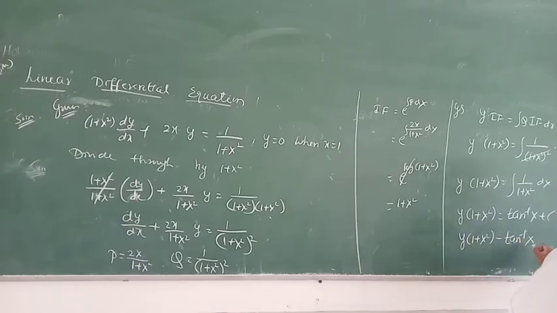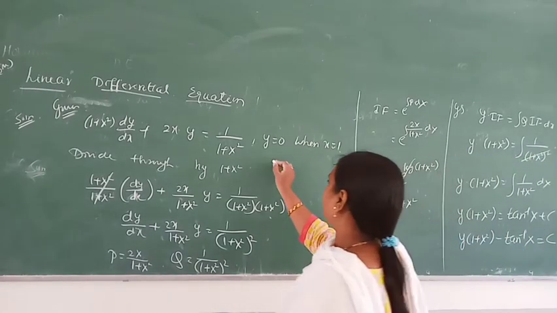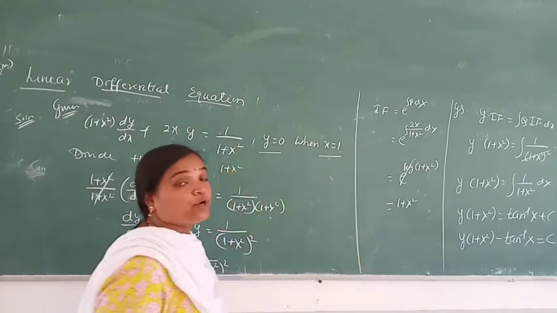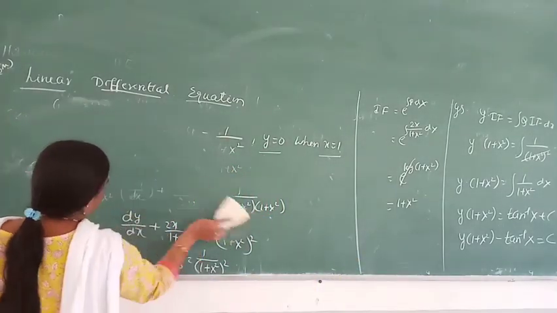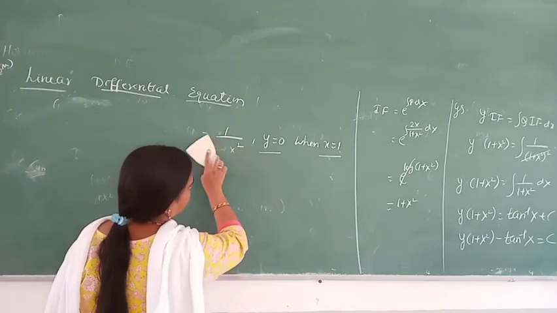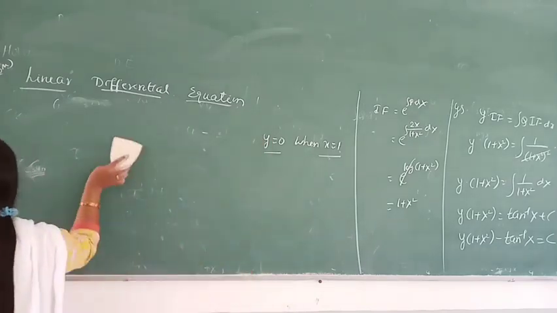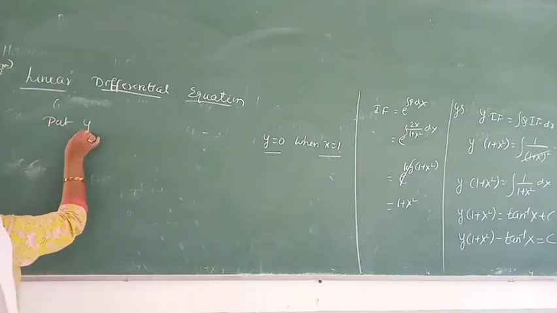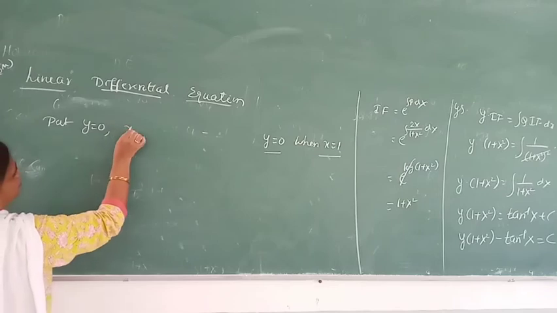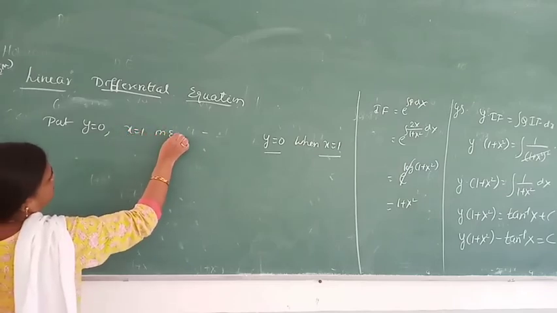equal to c. Okay, call this equation 1. Here this is the general solution, but here the given point is when y is 0, x is 1, which means we have to calculate the particular solution. For that, put y equal to 0 and x equal to 1 in equation 1.